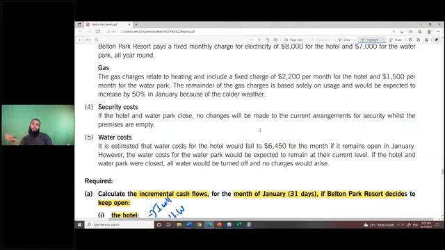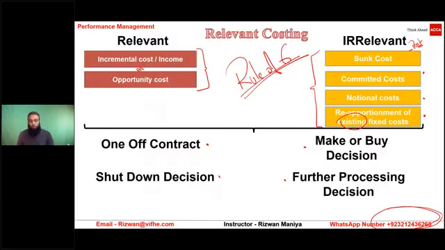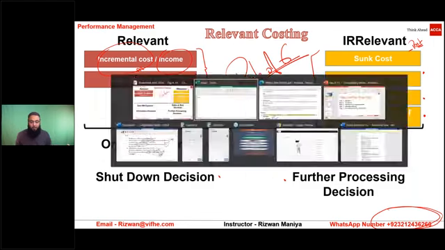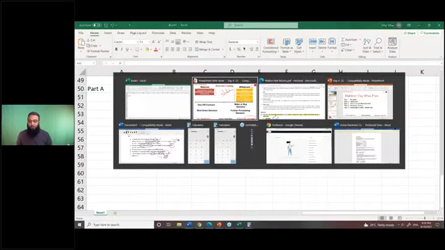If I keep it open, what will be my incremental income? And then the cost, because if you go back to the rule of 6, incremental cost and income will be relevant for you, and let's see what is not relevant.